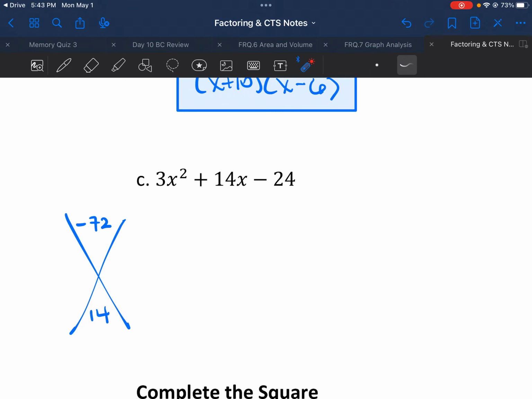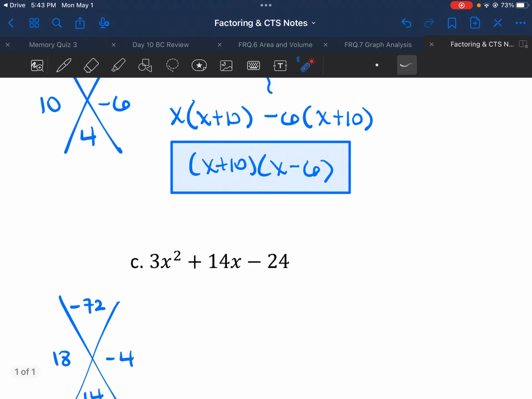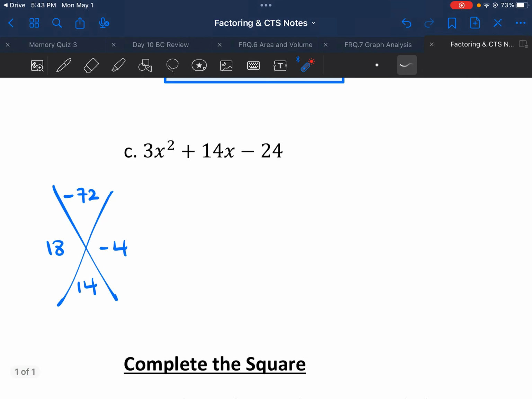Now this one might take you a little bit longer to find, but the numbers that work are 18 and negative 4. 18 times negative 4 is going to give you negative 72. 18 plus negative 4 is going to give you that 14. So again, just like previously, in part A, we're going to split this middle term using these two right here.